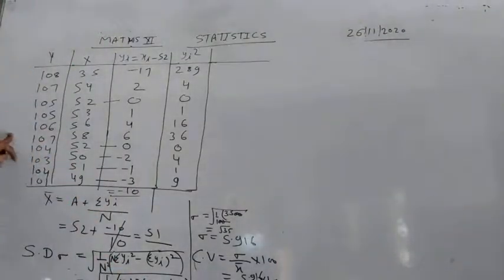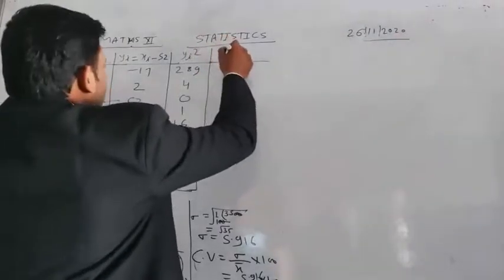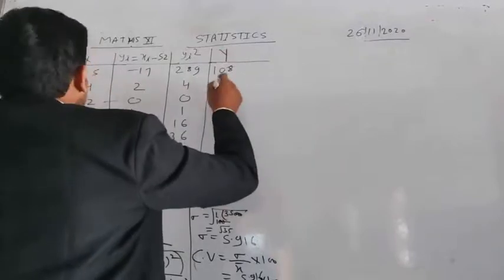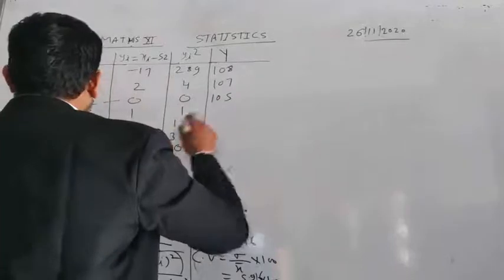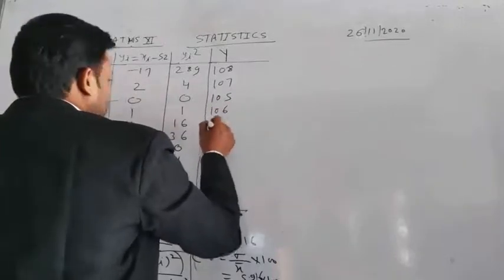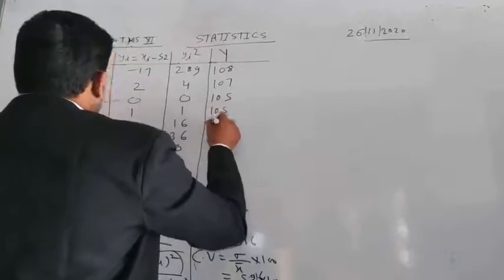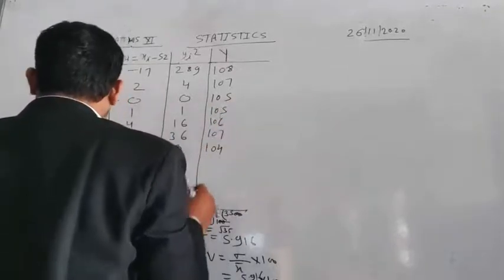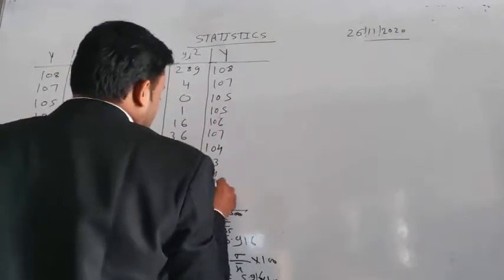So again we will take yi. Our share Y is 108, 107, 105, 106, 105, 106, 107, 104, 103, 104 and 101.